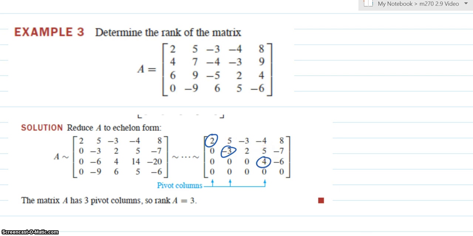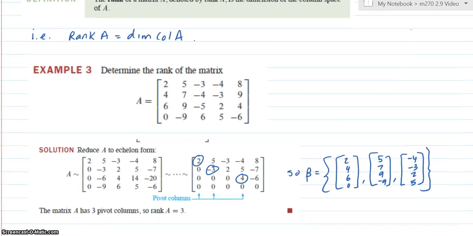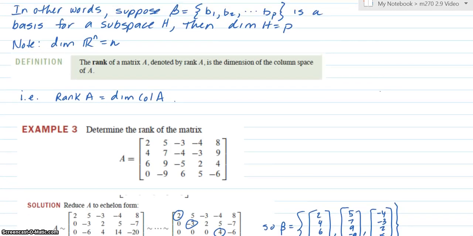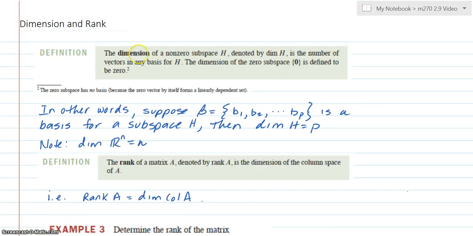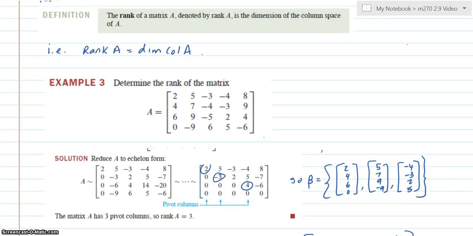These are the pivot columns. So the basis is going to be the first, second, and third columns of our matrix A. So it has 3 pivots. The rank is 3. If you remember, the rank is just the dimension of the column space of A, the number of vectors in any basis. So that's why the rank was 3.